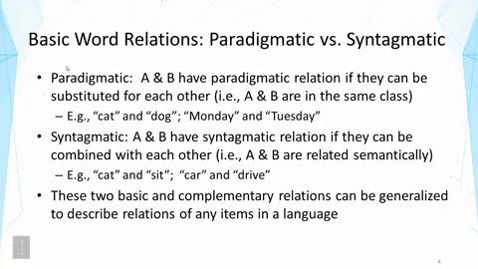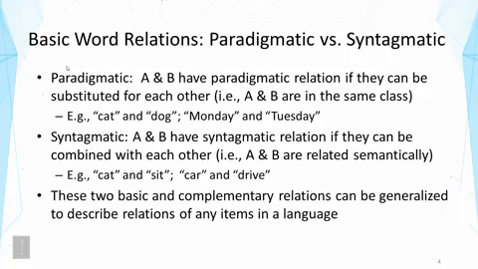A and B have paradigmatic relation if they can be substituted for each other. That means the two words that have paradigmatic relation would be in the same semantic class or syntactic class. And we can in general replace one by the other without affecting the understanding of the sentence. That means we would still have a valid sentence.